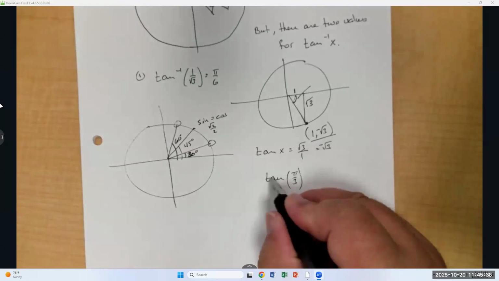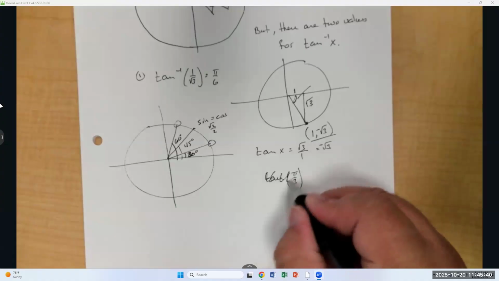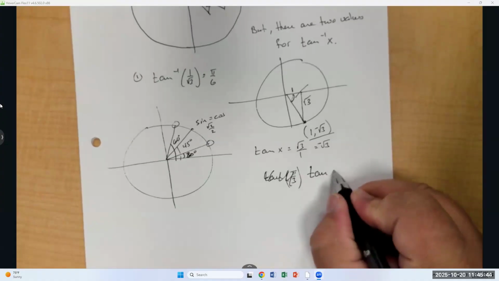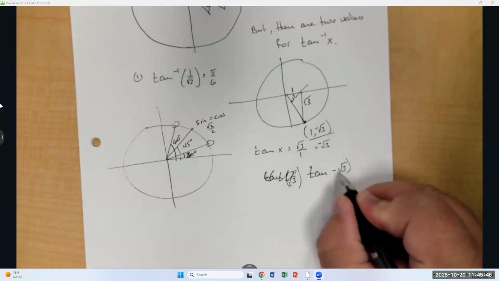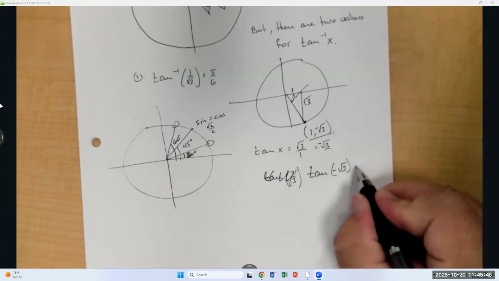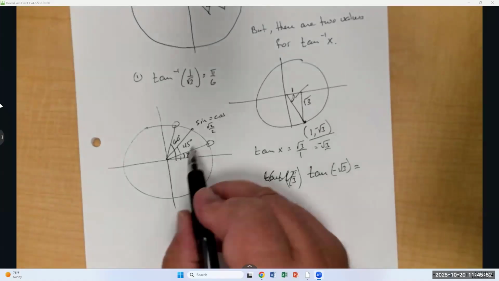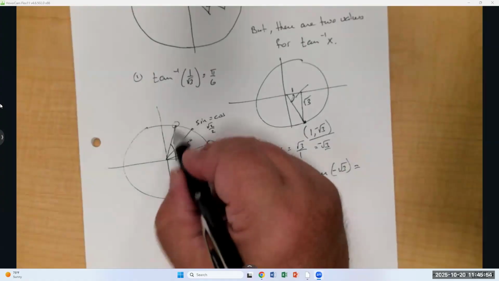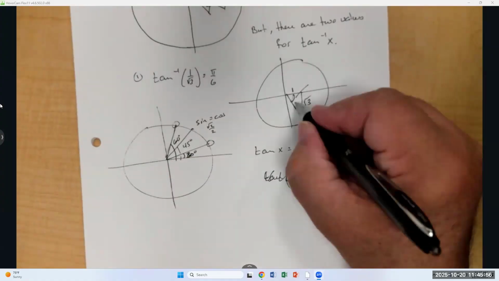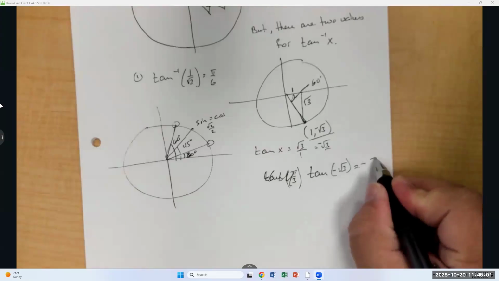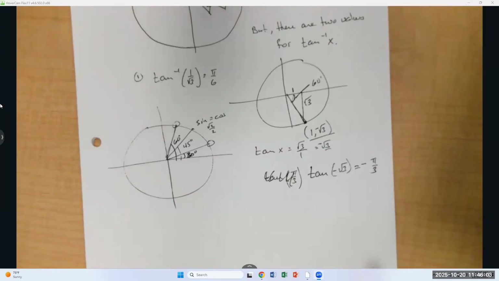All right, so we'll do the tangent function first. So the tangent function of negative radical 3 is equal to pi over 3. Since we're doing this one here, this is 60 degrees, which is negative pi over 3.